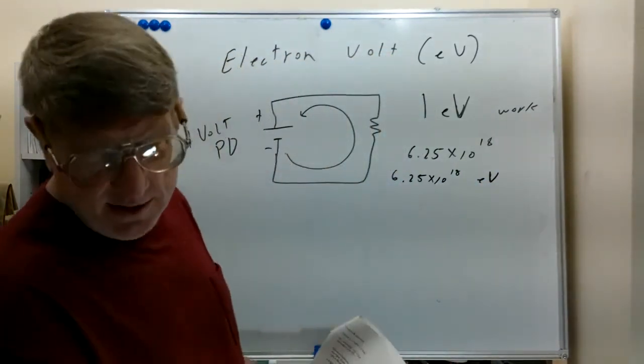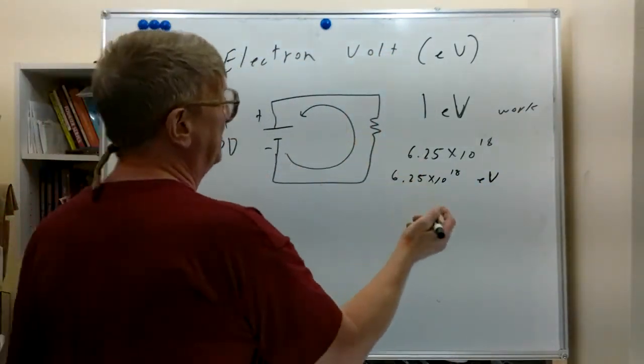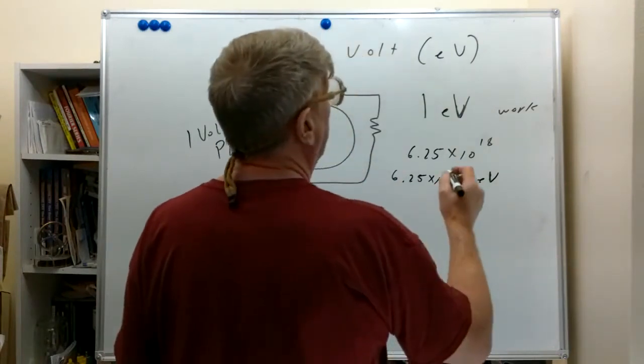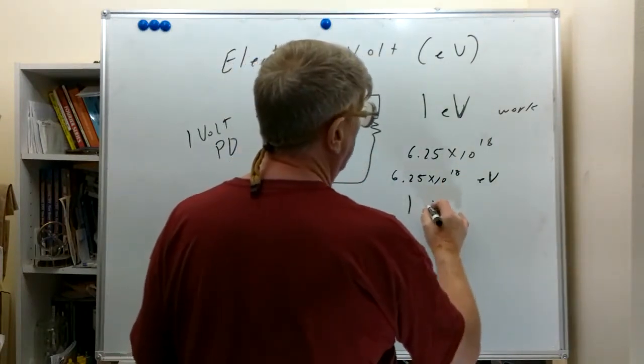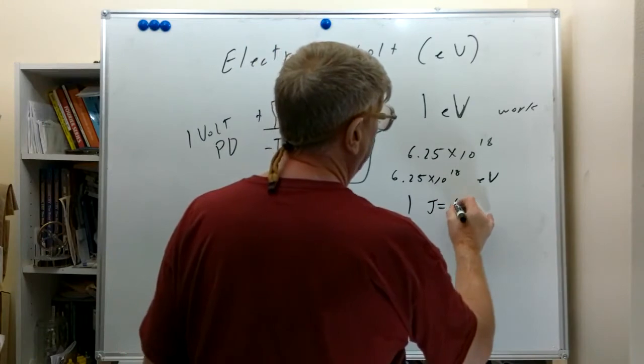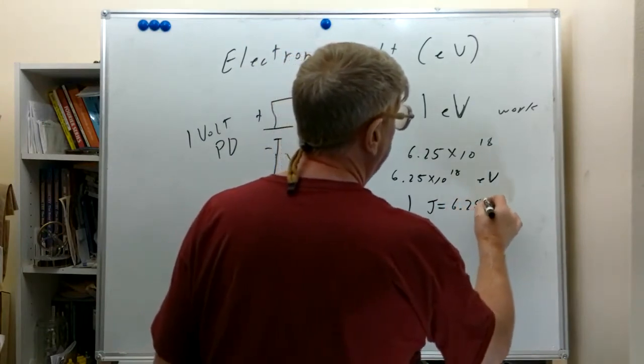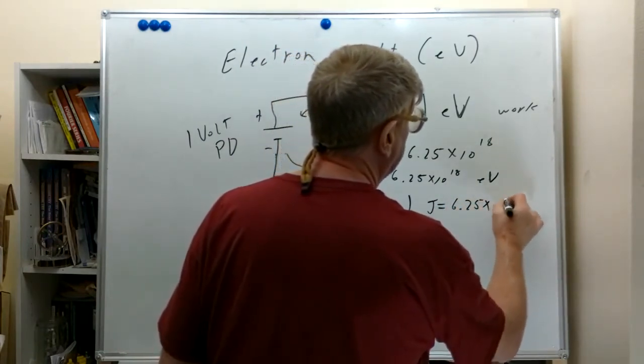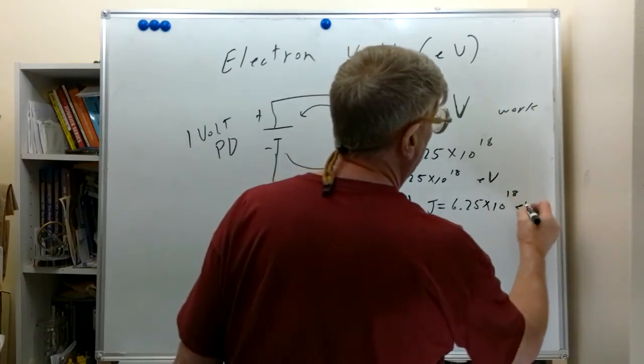But 6.25 times 10 to the 18th electron volts of work is equal to 1 joule of work. 1 joule of work equals 6.25 times 10 to the 18th electron volts.